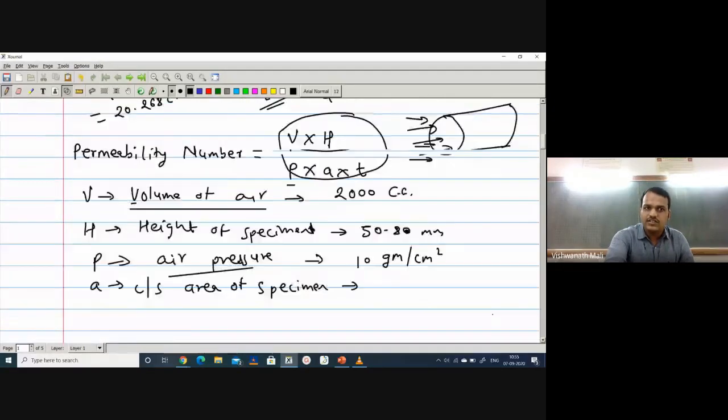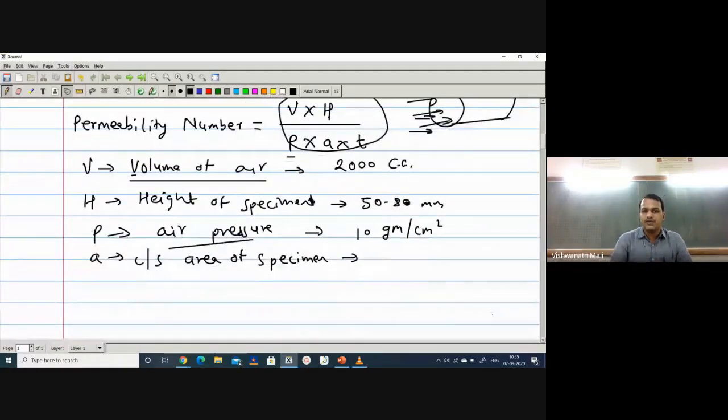So I will convert this formula in a very simple way. The cross-sectional area of specimen comes to 20.268 centimeter square. These are all constants: V, H, P, and A. These are the standards which they have given, and depending on this standard, we need to calculate the permeability number.